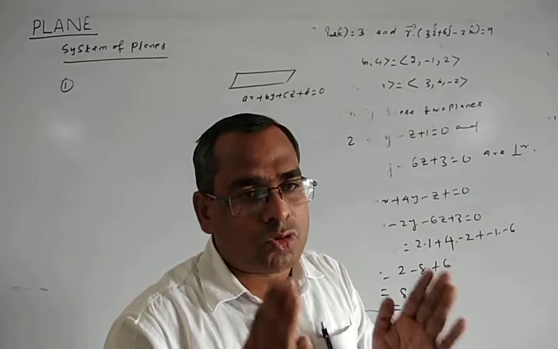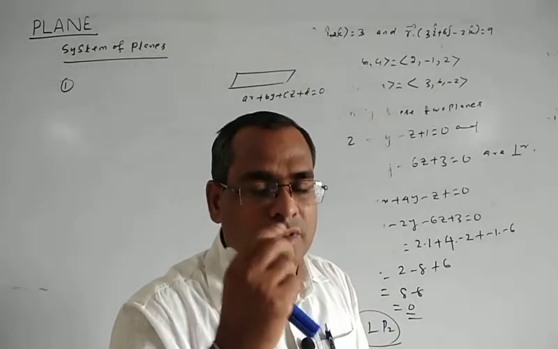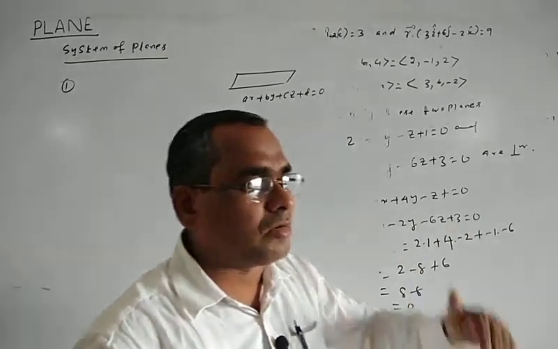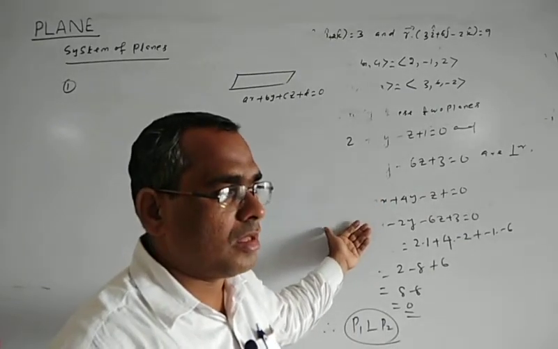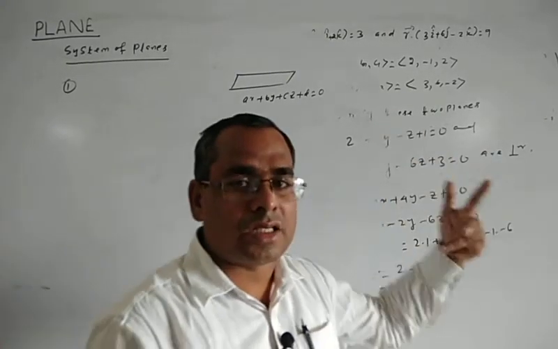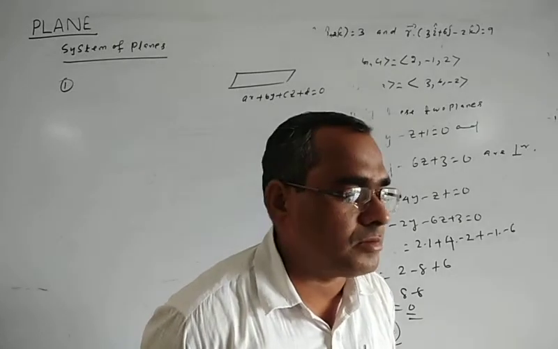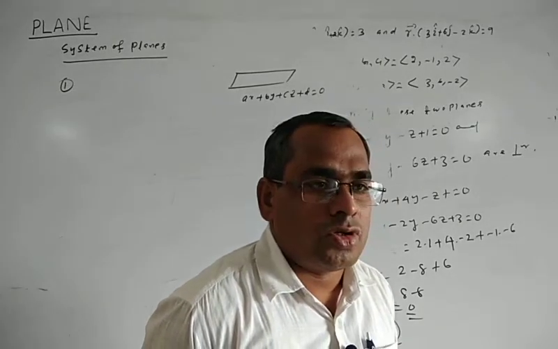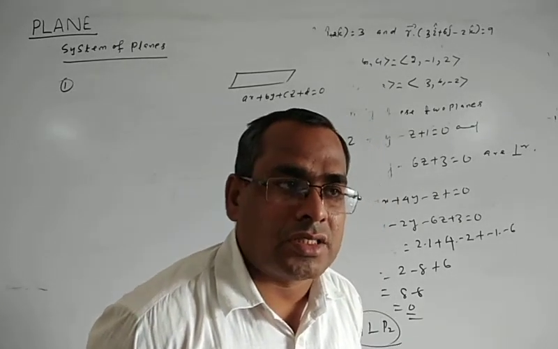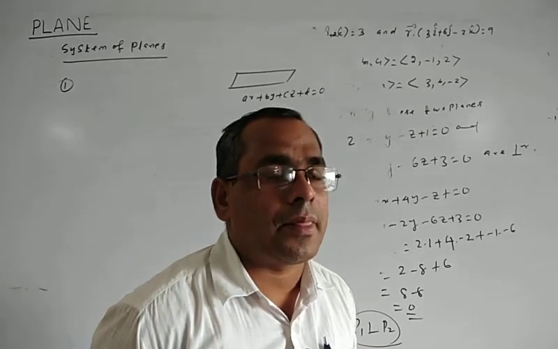So the system of planes is parallel to the given plane, and you know, if two planes are parallel, then the direction ratios must be proportional. Two planes are parallel means the normals must be parallel.